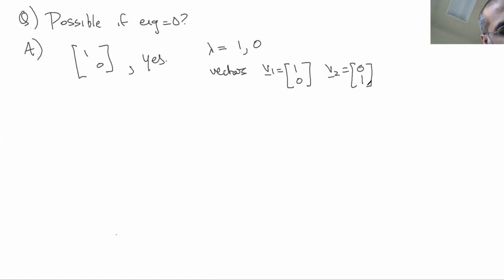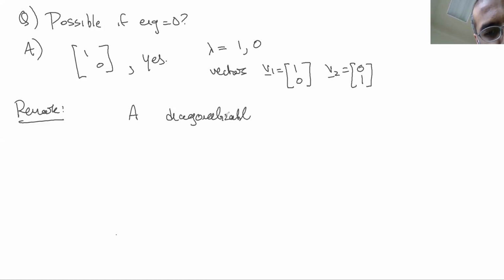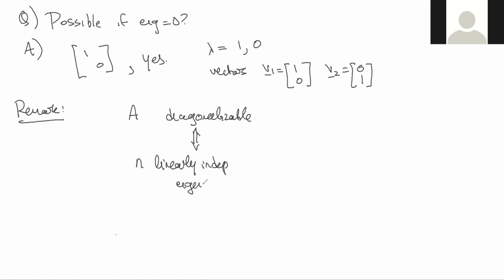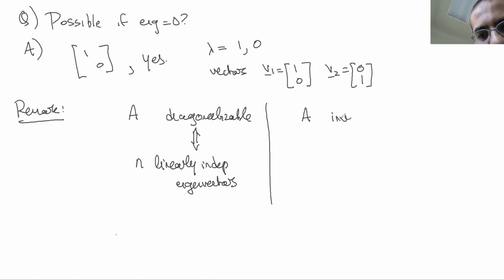So maybe I'll make this important remark. Matrix A is diagonalizable if and only if you have n linearly independent eigenvectors. A matrix A is invertible if and only if lambda equals 0 is not an eigenvalue.